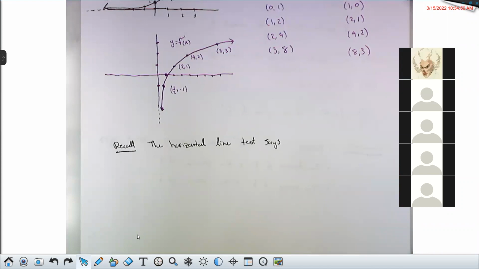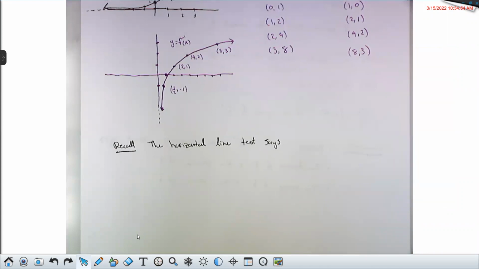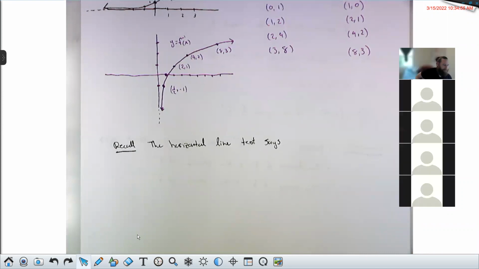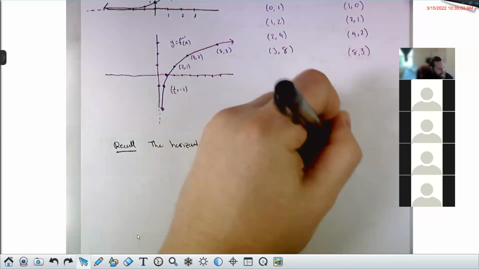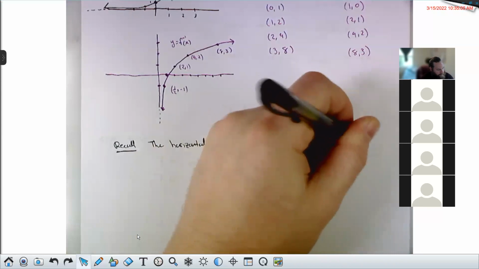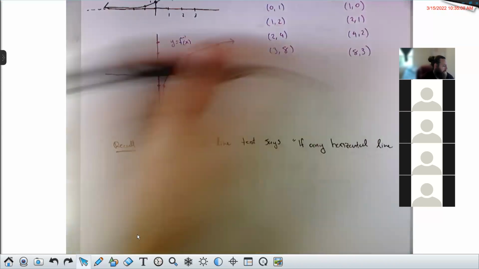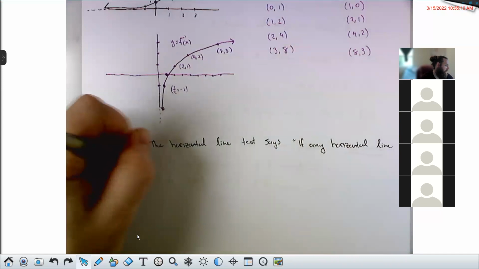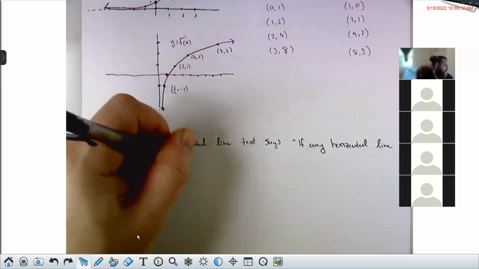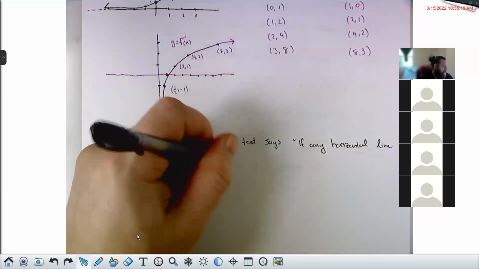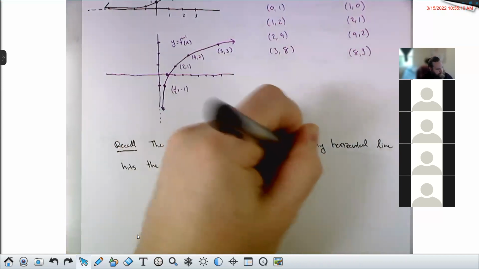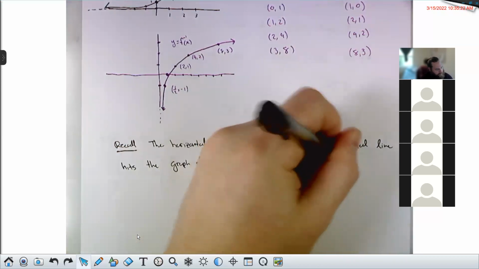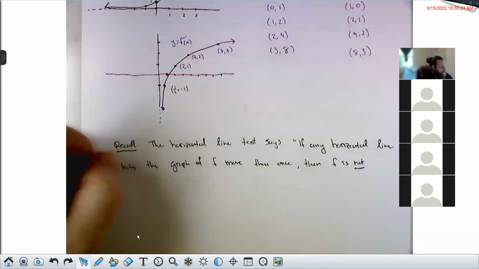It's not 1-to-1 if the line hits the graph more than once. Very good. Yeah, if there is any horizontal line that hits the graph of f more than once, then f is not 1-to-1.